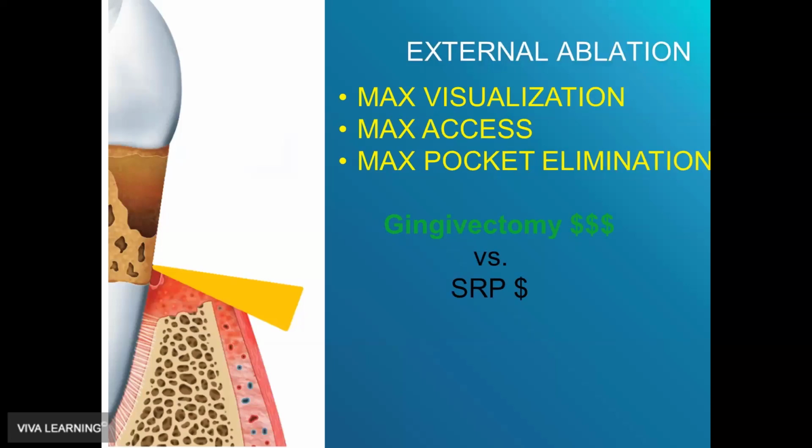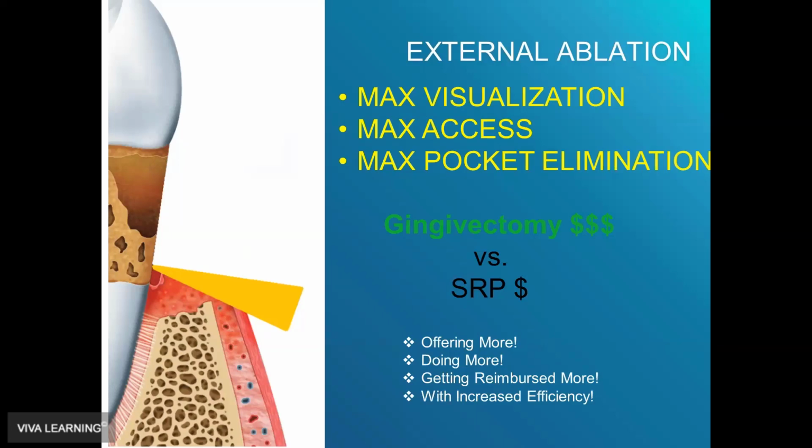And at this point, I don't see any reason why you can't bill out for gingivectomy versus scaling and root planing. And I think you'll see the gingivectomy is significantly more adequate in the reimbursement, if you will. So you're offering more, doing more, getting reimbursed more, and all with increased efficiency and time savings. This goes really quickly. And that's good for our patients and good for us.